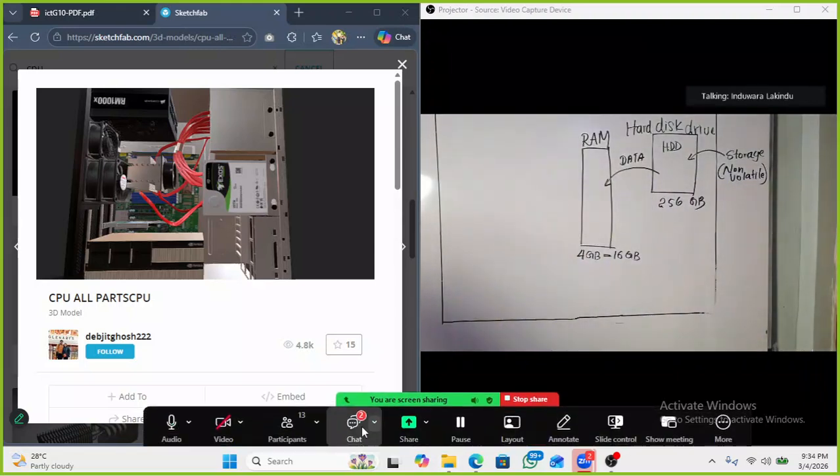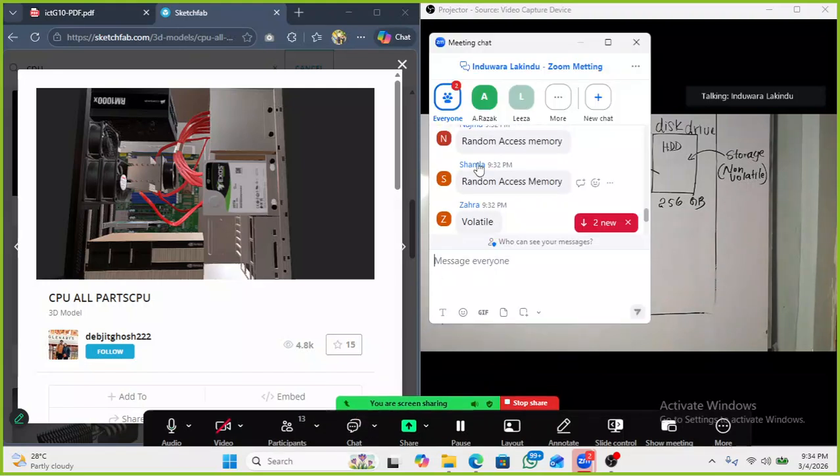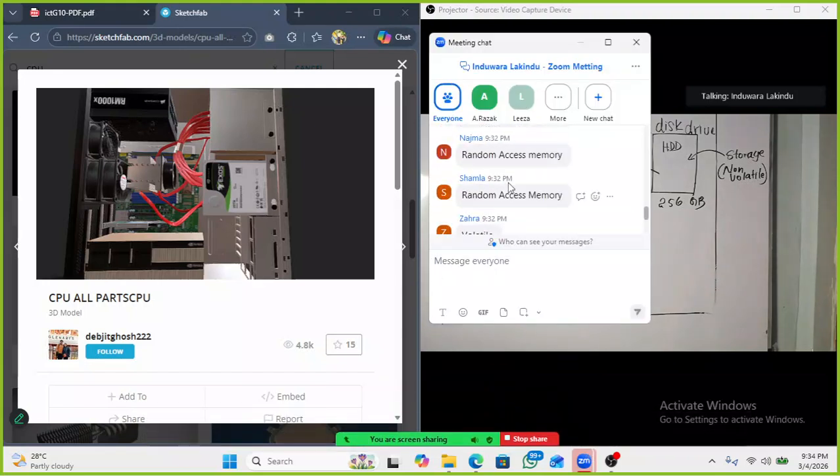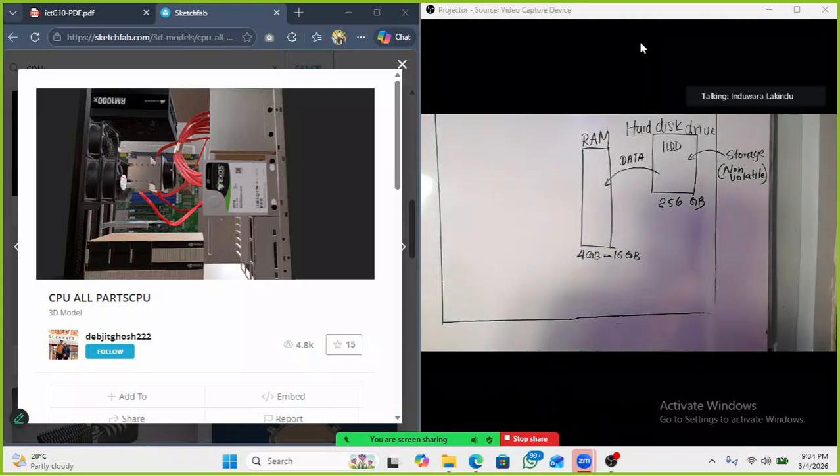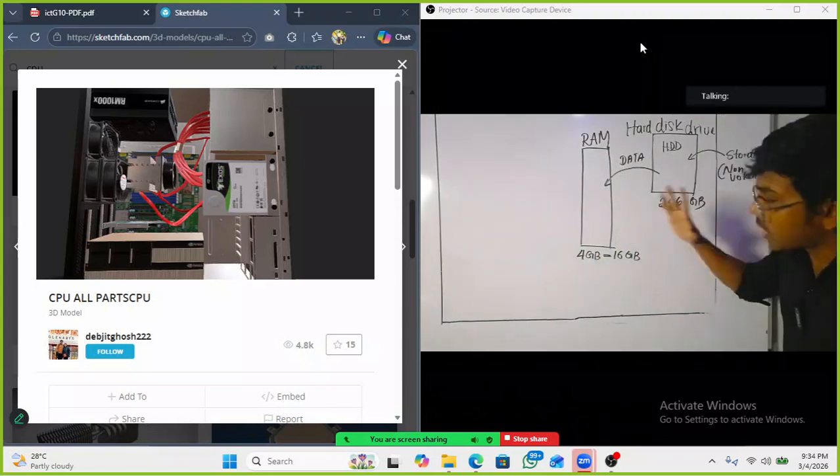Okay, volatile, correct. Right, then this is RAM.